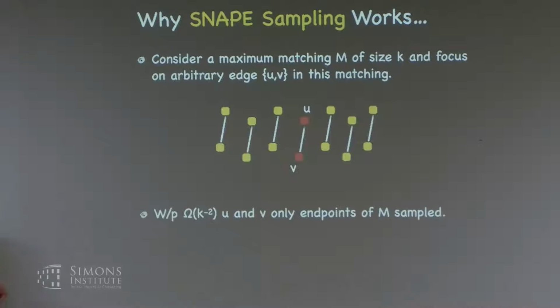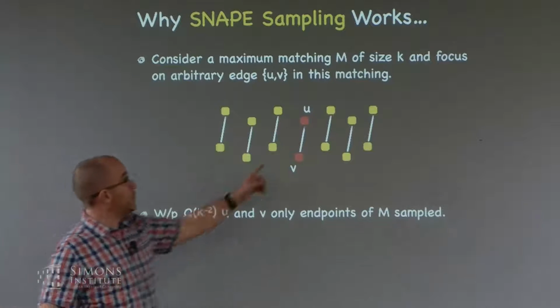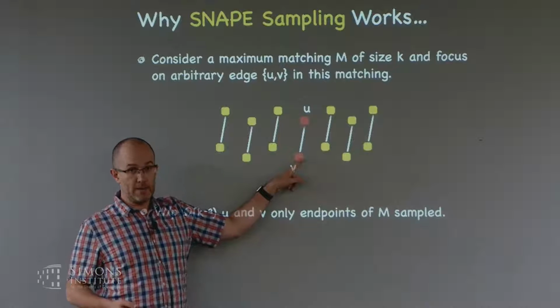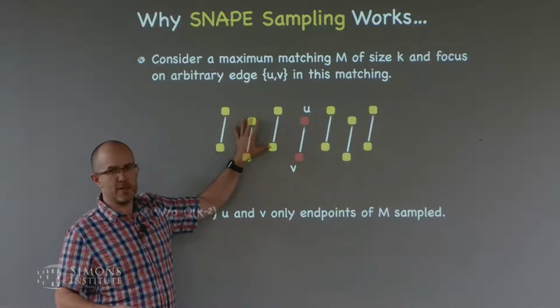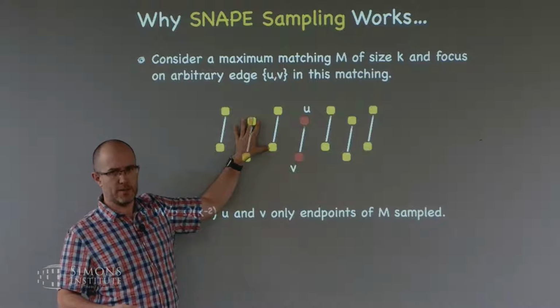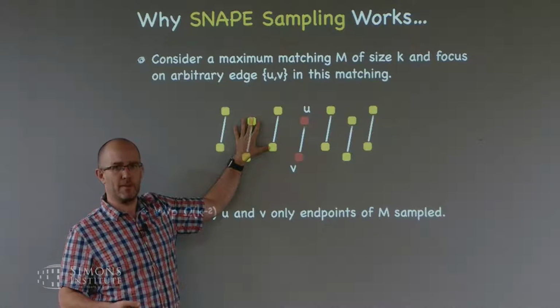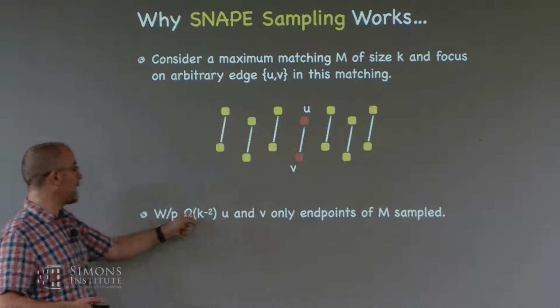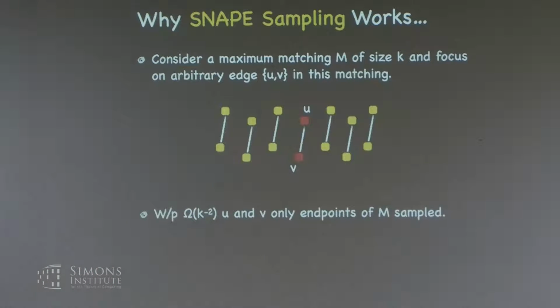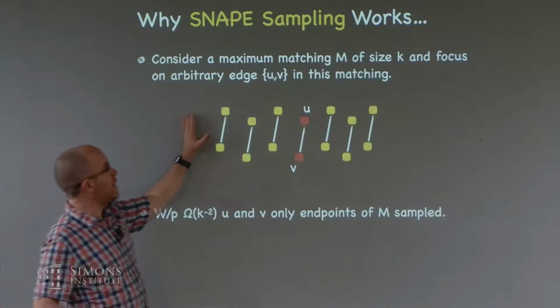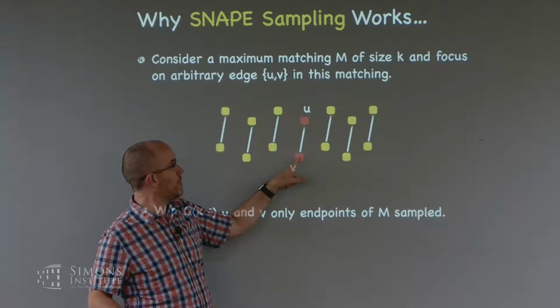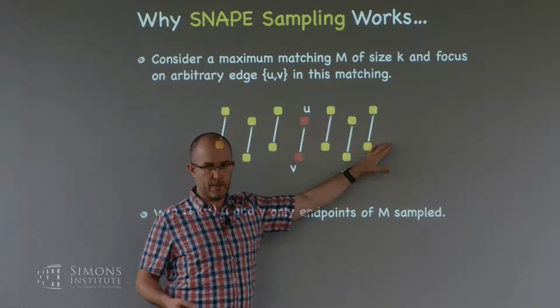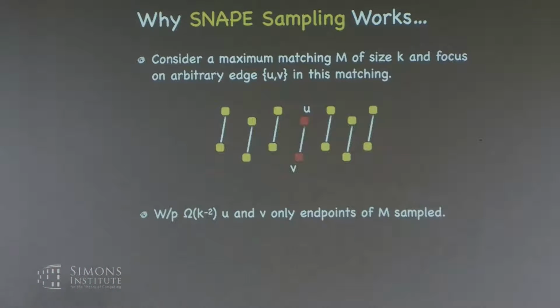Note that when we sample nodes with probability 1 over k, the endpoints u and v are sampled with probability 1 over k squared. And amongst the other 2k minus 2 endpoints, with constant probability, we didn't sample any of them. So there's a 1 over k squared-ish probability that we sample the endpoints u and v and nothing else. And what does this mean in the induced subgraph amongst the subsampled nodes?